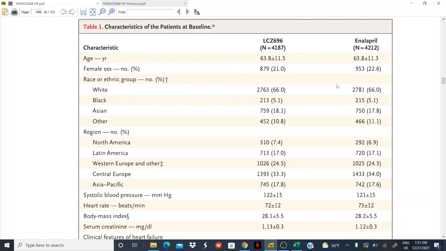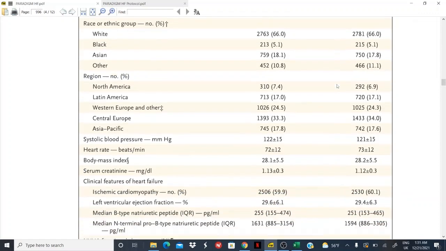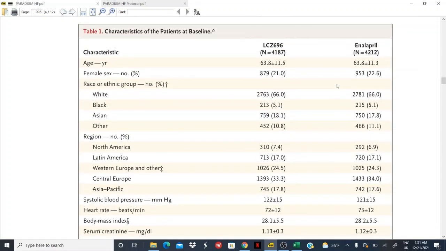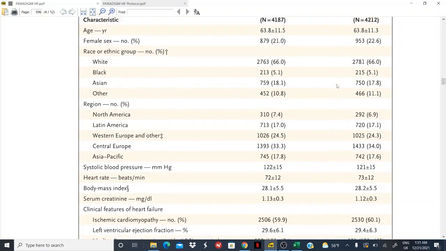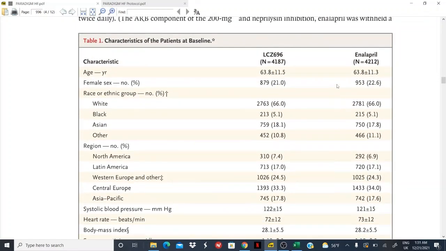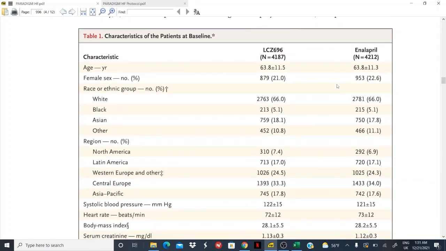Another hint that something might be wrong is if Table 1 omits some key variables. So if you know through your expertise that there are like 2 or 3 important key prognostic variables, and you find none of them in Table 1, that might be a hint that the investigators are maybe trying to hide these key variables.